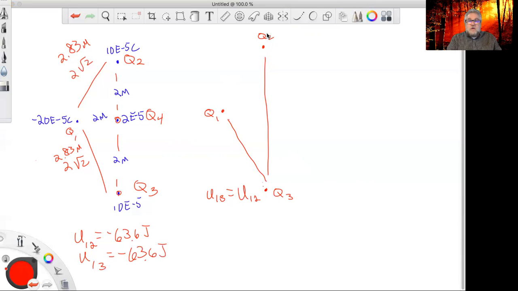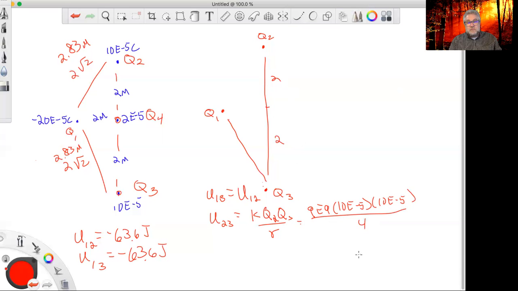Okay, so now let's look at this pair. So that's going to be the potential energy from charges 2 and 3. So that's going to be K Q2 Q3 over R. So that'll be 9 times 10 to the ninth times 10e minus 5 times another 10e minus 5 over R, which is, since this one's 2 and that one's 2, R is 4.